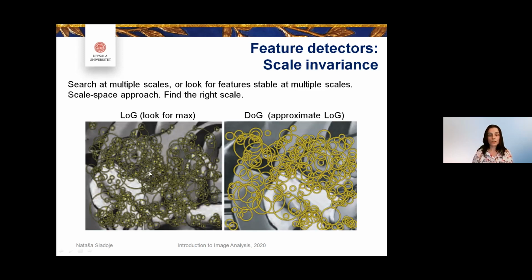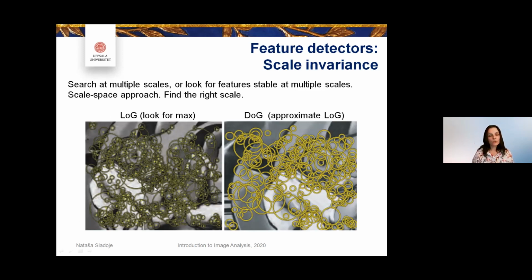One of such functions that we can use, detectors, is LoG, Laplacian of Gaussian. And if we look at maxima of LoG in the scale space of an image, we can find, as said, a characteristic feature point, and by looking at where that maximum is achieved, we can also attach a certain characteristic scale to that point.